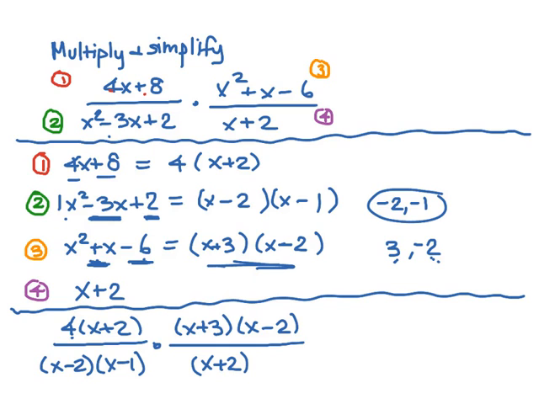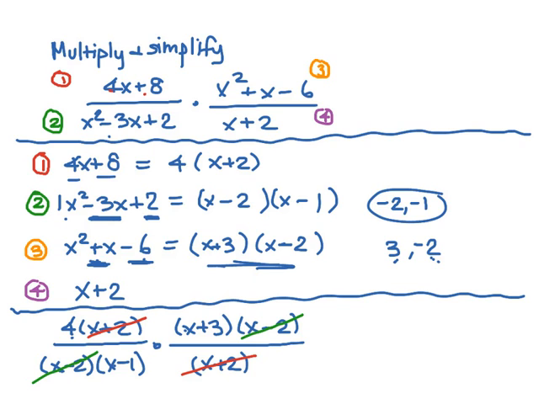So now again I have a string of multiplications all the way across the numerator and then also in the denominator. So now I can just look for common factors between them and cancel them out. So I see right here I have an x plus 2, and down here in the denominator I have an x plus 2. And then, I also have an x minus 2 in the numerator, and I have an x minus 2 in the denominator.